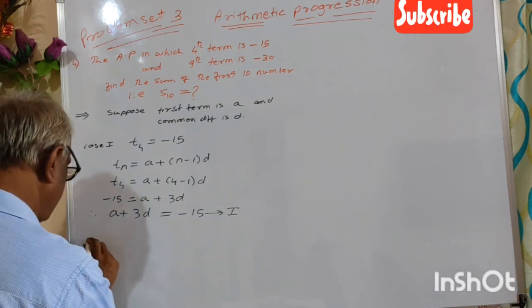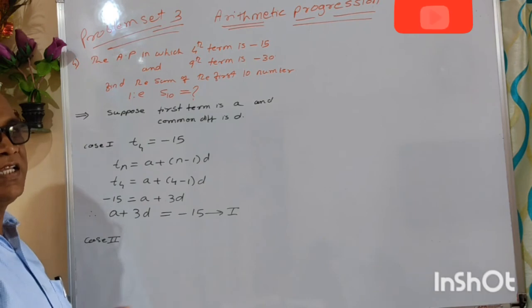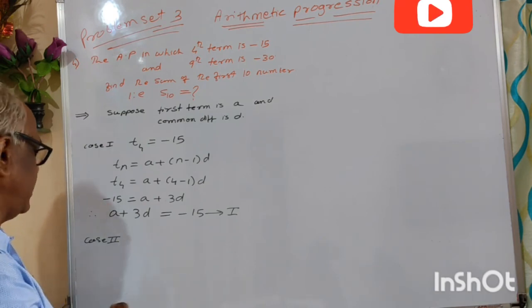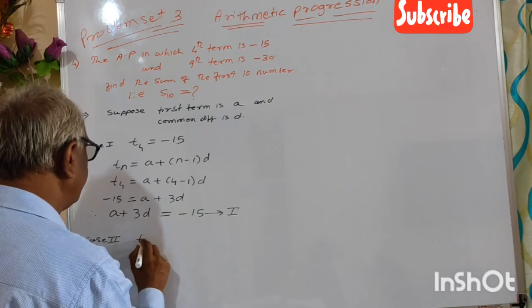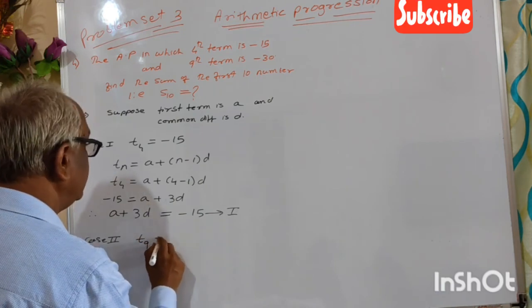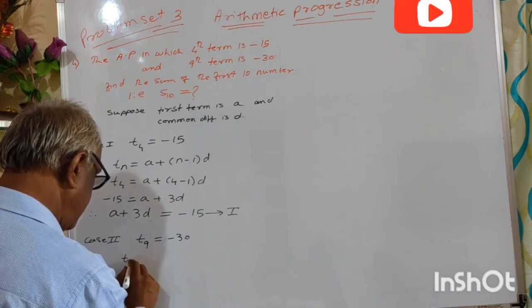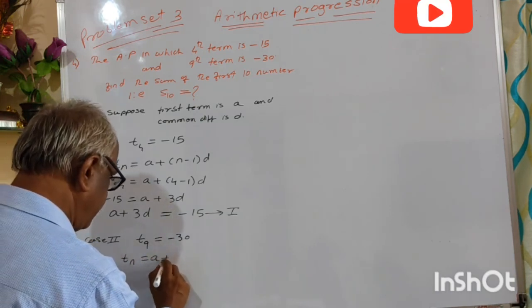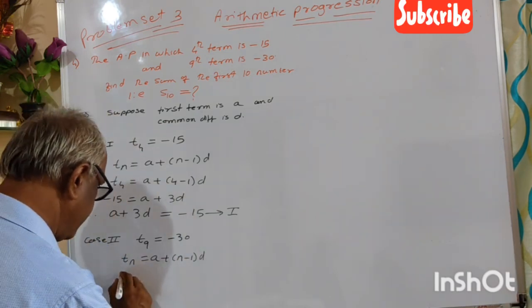Now case 2, or you can say condition 2. Now here T9 is equal to minus 30, as given. Tn is equal to a plus (n minus 1) into d. This is our formula.